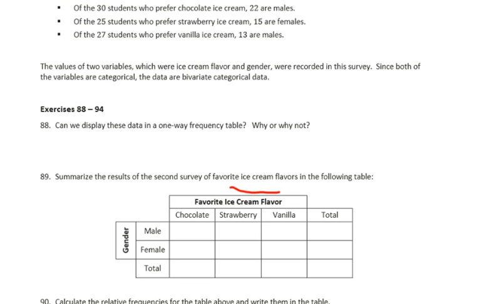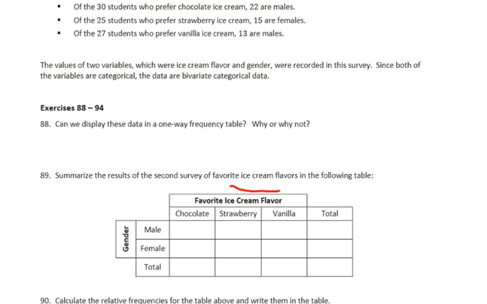The first question says, can we display this data in a one-way frequency table? We can't do it in a one-way frequency table because there are 2 sets of data.